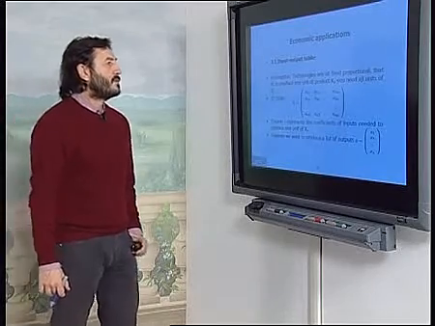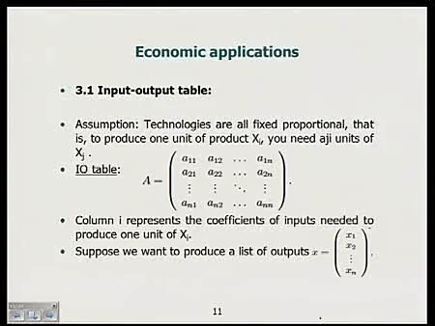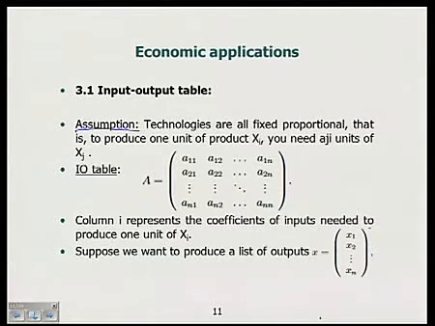Then we have an input-output table. This is our assumption. Technologies are all fixed proportional. That is, to produce 1 unit of product capital Xi, you need Aij units of capital Xj. Then we have this matrix A with all these elements.